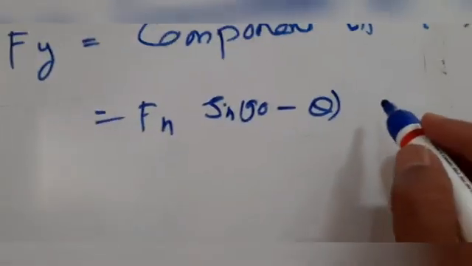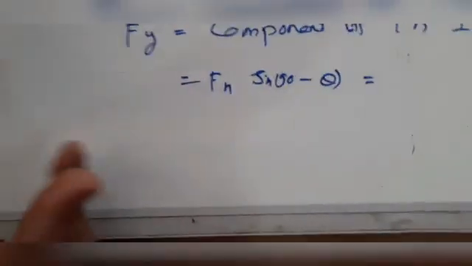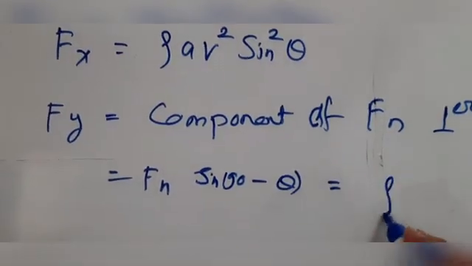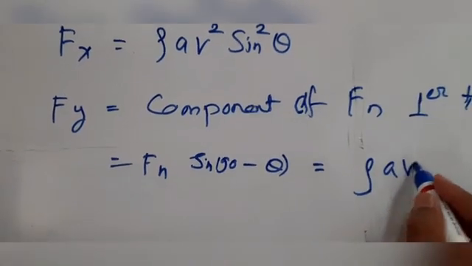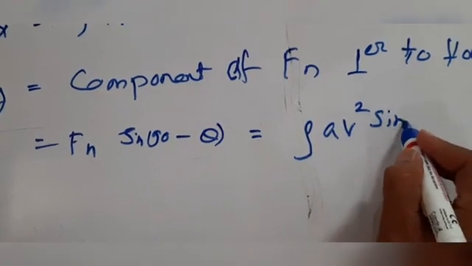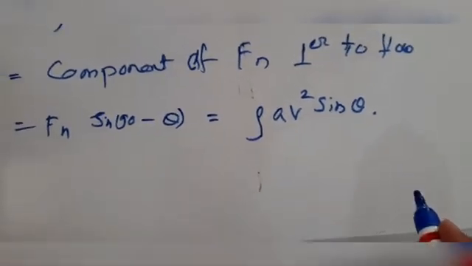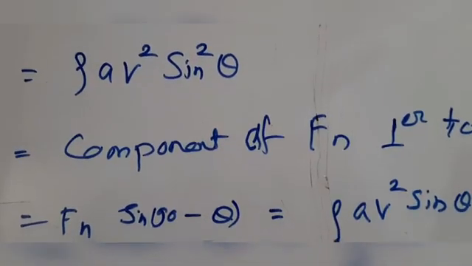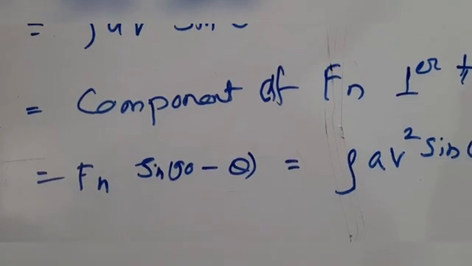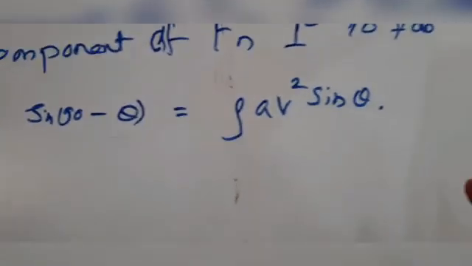Now putting the value of Fn, we get rho a v square sine theta into sine 90 minus theta, which changes to cos theta.